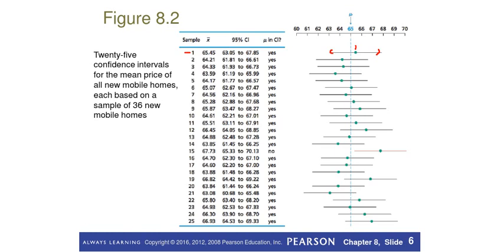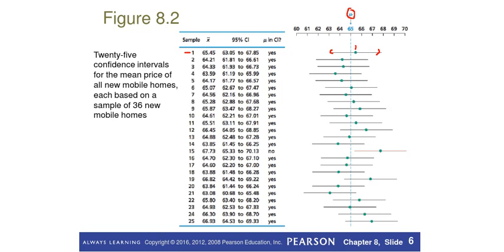Now let's say that through some quirk of history, we've gone to some mobile home database and found the actual population mean of those mobile homes. The population mean is 65,000. Let's just say that we happen to know that's actually the case. Well, we take another sample of size 36 from all of those possible mobile homes.